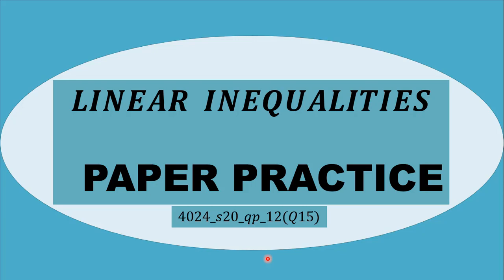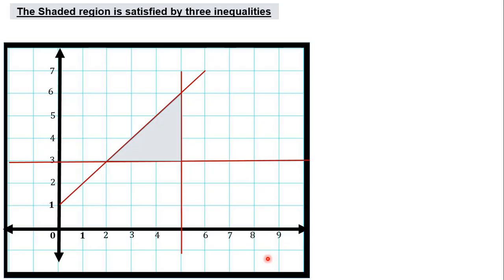In question number 15, students, you are given the diagram in which the shaded region is satisfied by three inequalities. And what you have to do is come up with these three inequalities. Students, you can see that this shaded region is bounded by three lines.